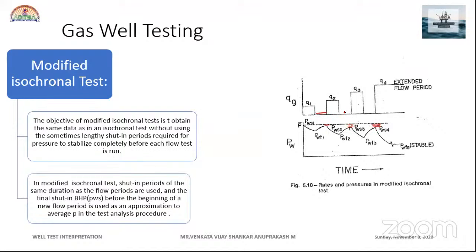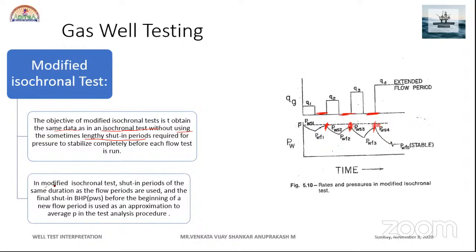The objective of the modified isochronal test is to obtain the same data as an isochronal without using the sometimes lengthy shut-in. Here we take equal intervals of time, whereas in the isochronal we have to wait till it regains its pressure.